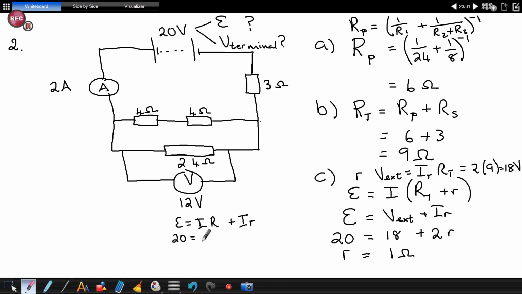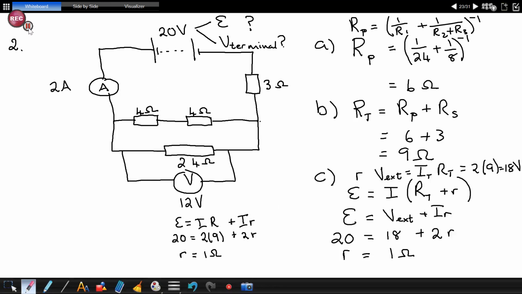So be careful. Yes, this question worked out correctly. So 2 times 9 plus twice r, then r will be 1 ohm. I would rather determine the terminal voltage with the information I've got before I assume that that is 20.